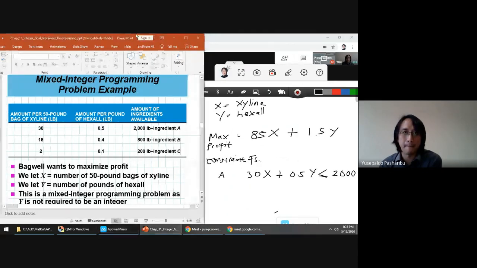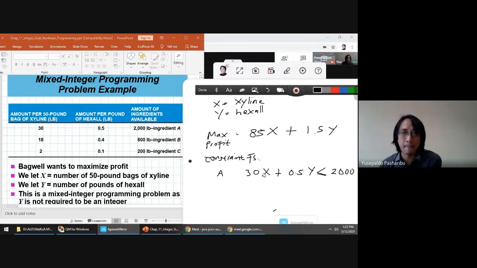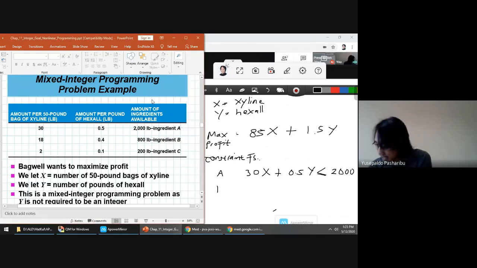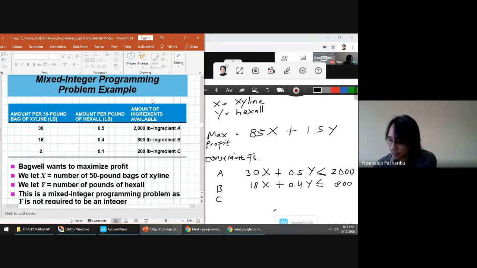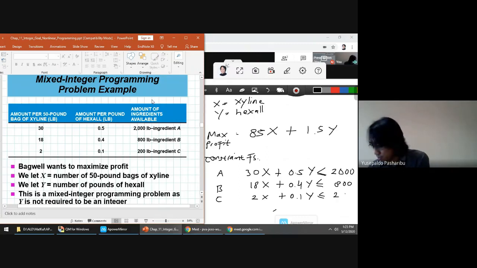And constraint B is 18x plus 0.4y less than or equal to 800. And the last constraint is 2x plus 0.1y less than or equal to 200.